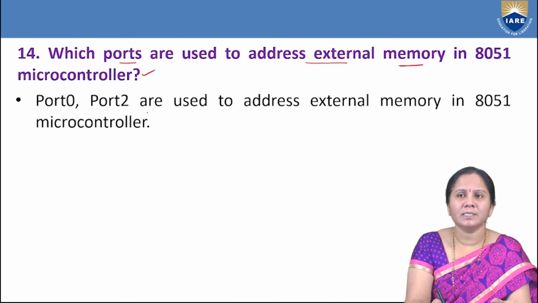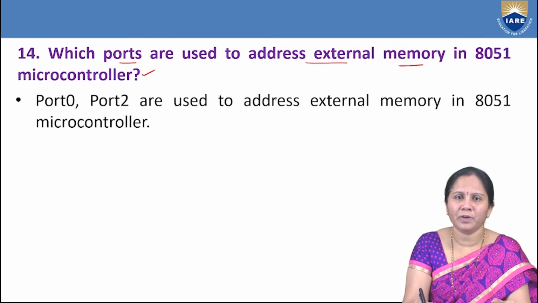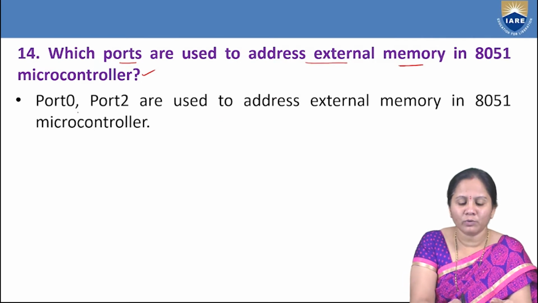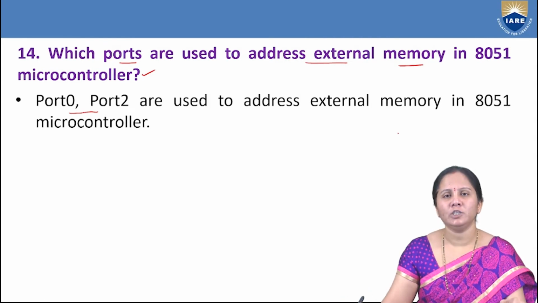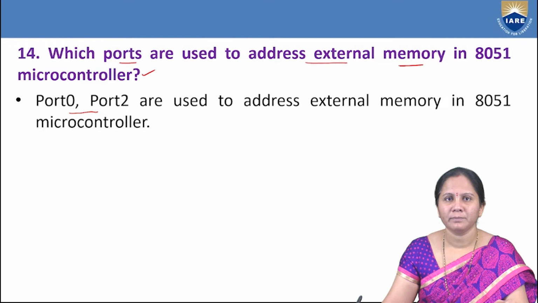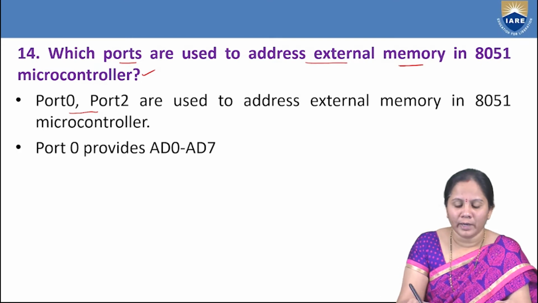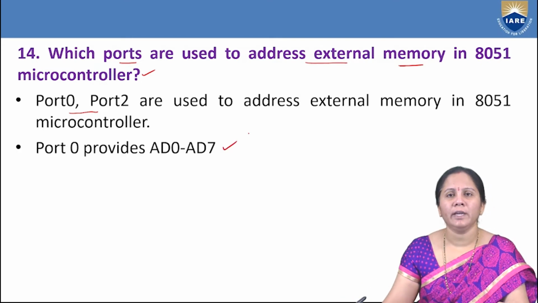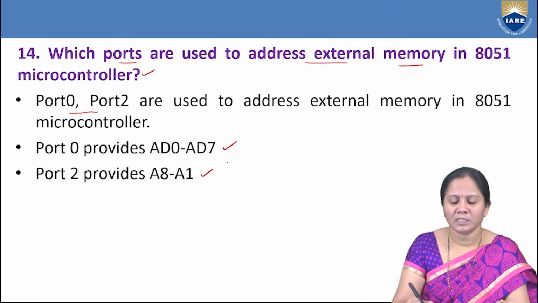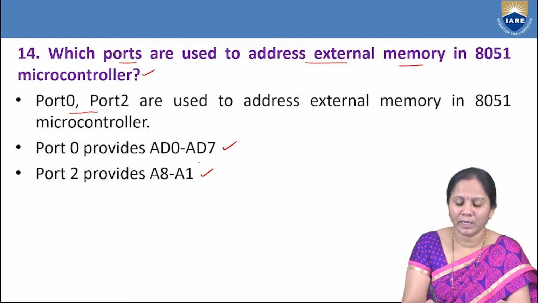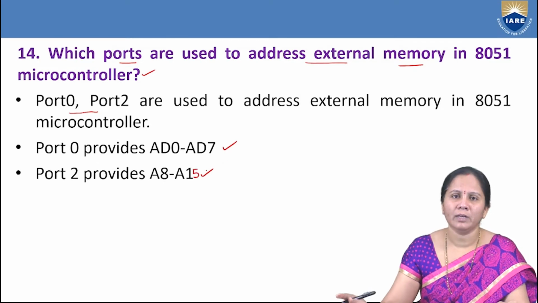In order to access external memory in 8051 microcontroller, we have to use port 0 and port 2 pins. Port 0 provides AD0 to AD7, that is multiplexed address and data lines, whereas port 2 provides simple address lines from A8 to A15.